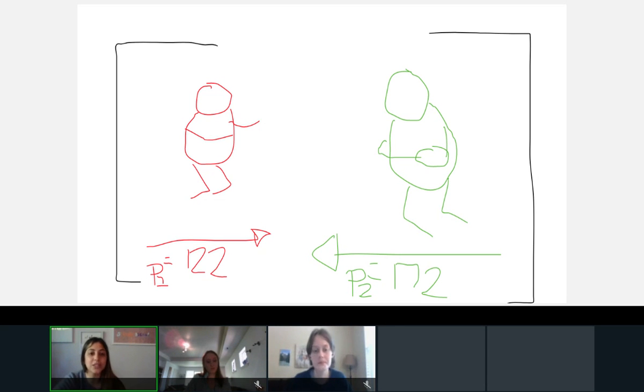Now we want to know the total momentum of this system. So if we want to know the total momentum, this is the system. This is the two things that are going on before the collision and then after the collision, right? So when we want to know the total of something, what math function are we doing?